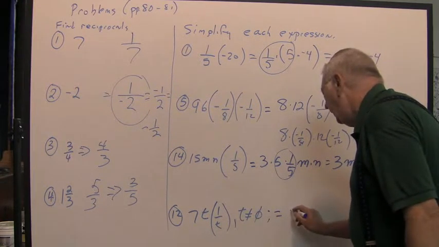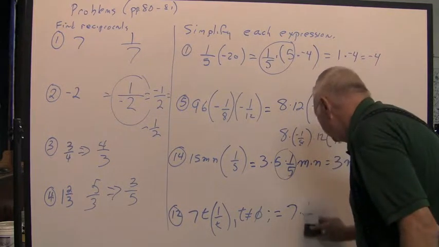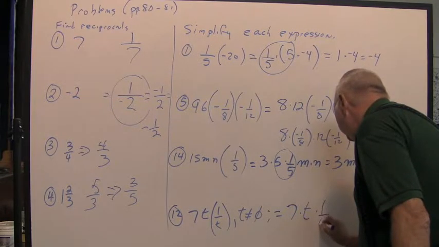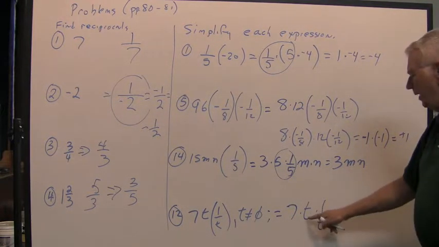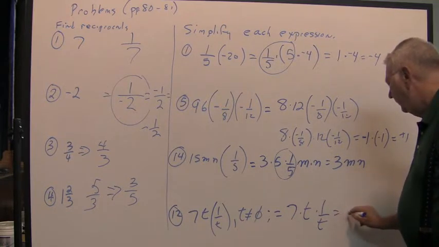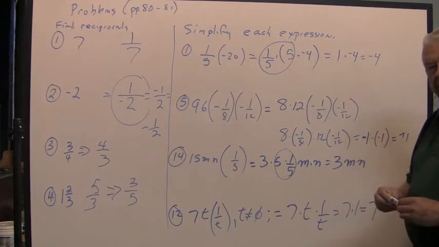So this then we can put together as 7 times t times 1/t. The number t times its reciprocal, 1/t is 1. Therefore this becomes 7 times 1, or 7.